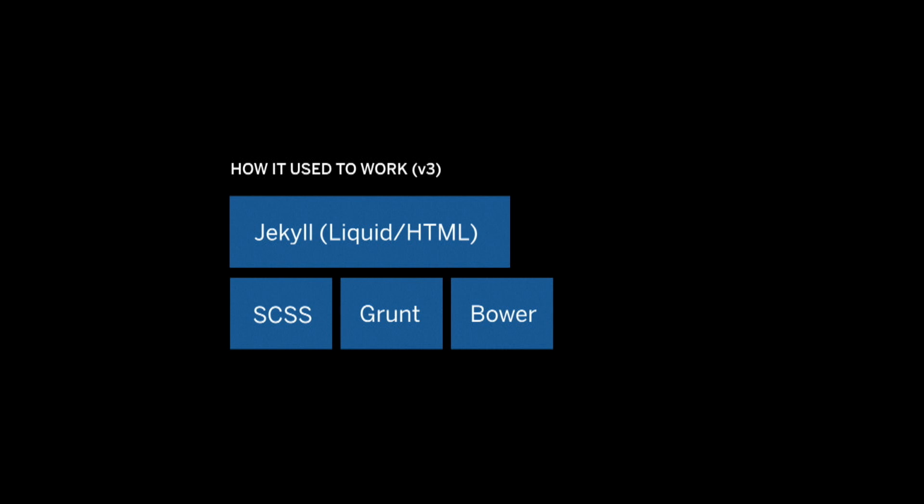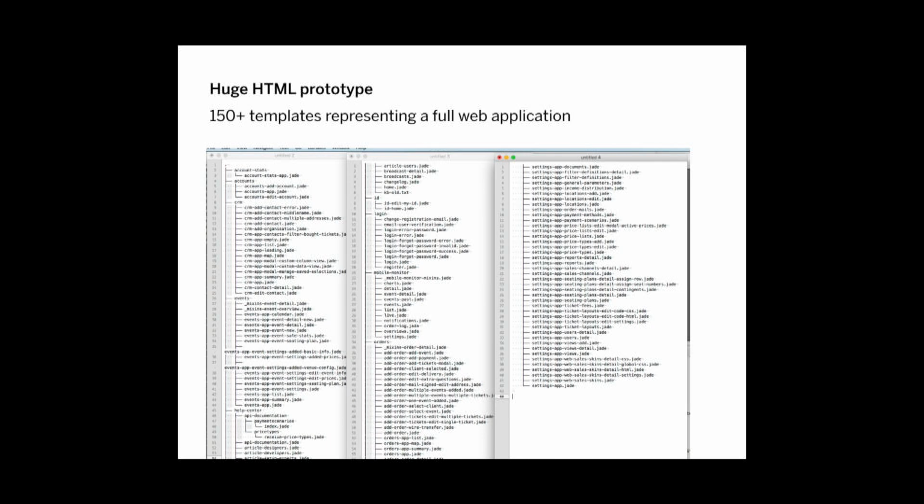And what we found out was that the method was working really well. So we would use HTML prototyping for every project. And there was this one project where I kind of went into the very extremes, and I recreated the entire application in prototype form. So every screen in the actual application was also in prototype form. So this was over 150 templates.